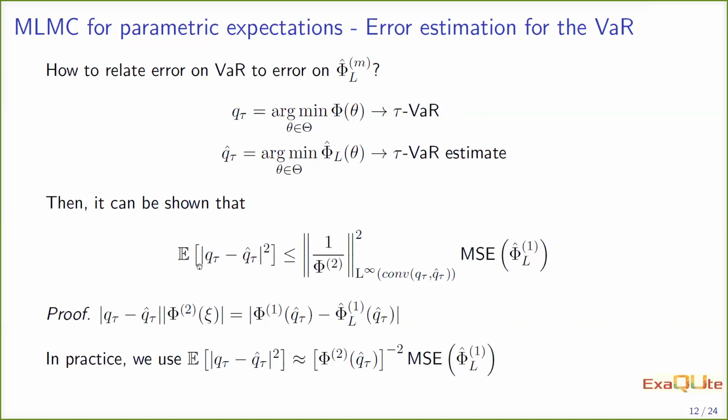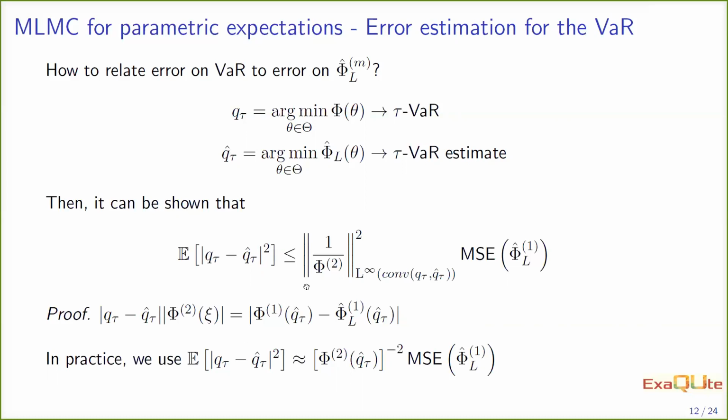And you can show that in expected value, this can be bounded by a constant times the mean squared error on the function's first derivative. The proof is related to Taylor's theorem, which is basically to say that the error on the y-axis is equal to slope times the error on the x-axis in some sense.